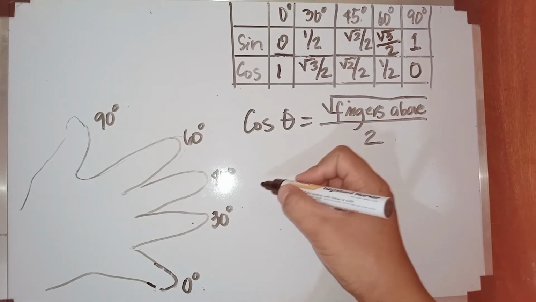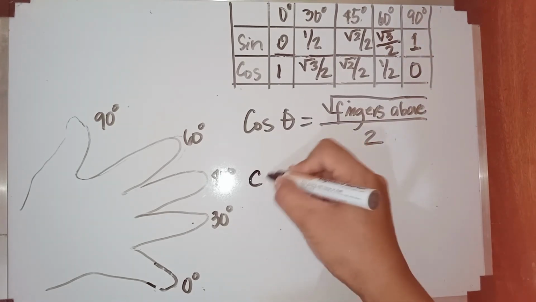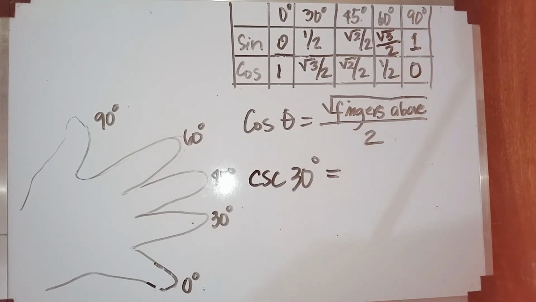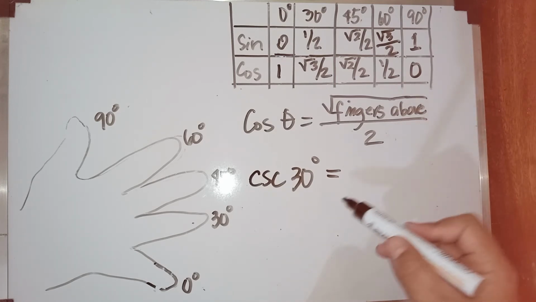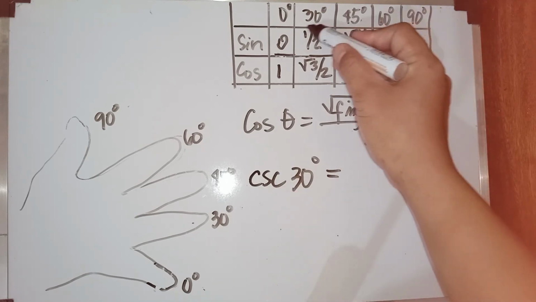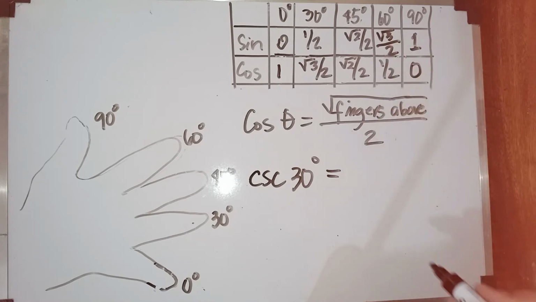Say for instance, if you're looking for the cosecant value of 30 degrees. So, we all know that cosecant is just the reciprocal of sine theta. Okay? So, if that is the case, if you are looking for the cosecant 30 degrees, so ito yung sine 30 degrees, di ba yung sine 30 degrees is 1/2?